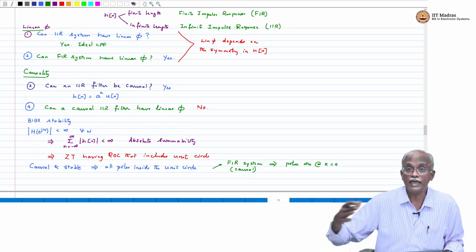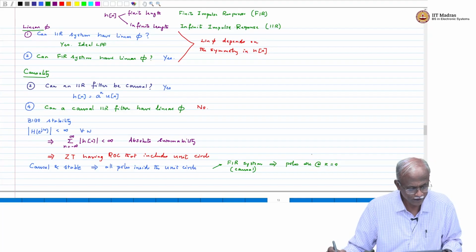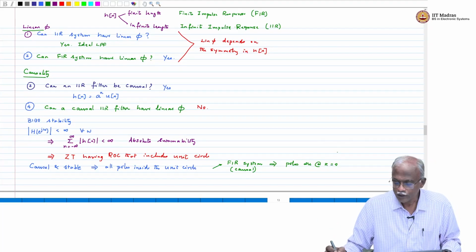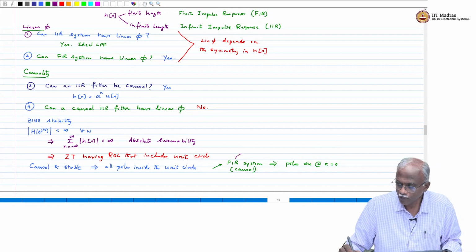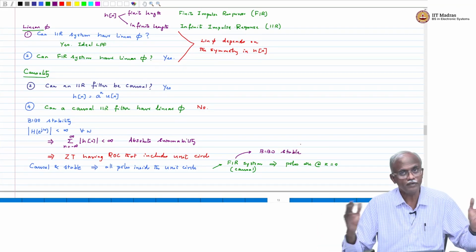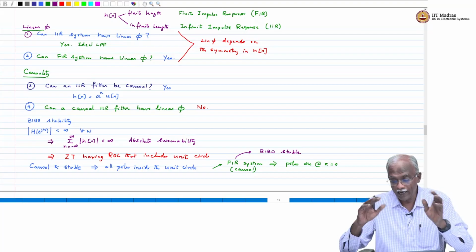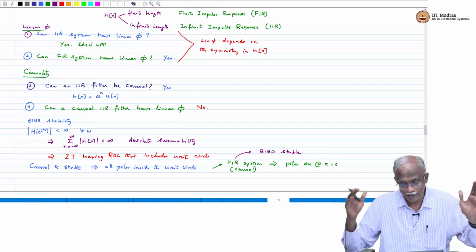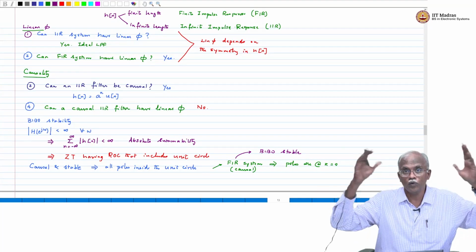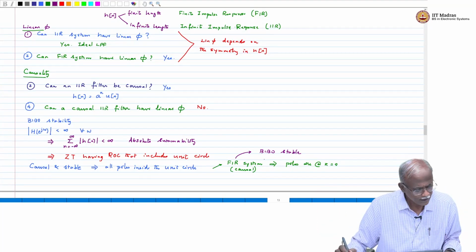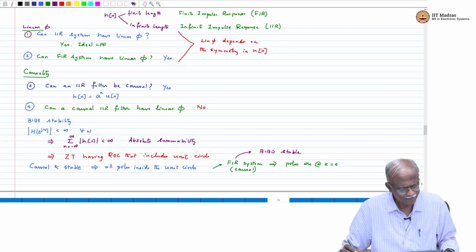There are no poles anywhere in the rest of the Z plane because it's a causal system. So an FIR system will always be BIBO stable, which we knew from the past, and we can now use this information in our overall understanding of LTI systems. This is an important condition.